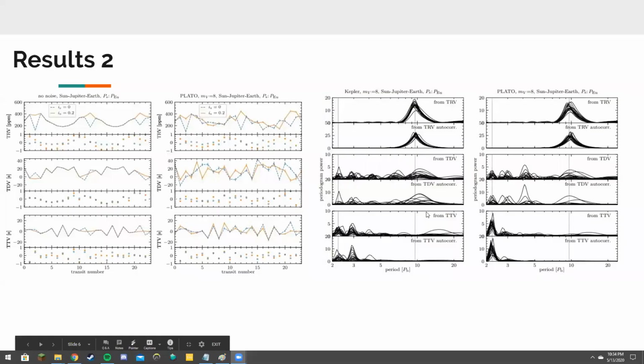Okay, so now we have these plots that kind of show that the TRV signal is more pronounced than the other two signals, the TTV and the TDV effects on the transit depth for the exoplanet orbiting a star. And because of that, the paper then goes on and focuses solely on the TRV effects on the exoplanet, simply because we're getting a stronger signal from it.